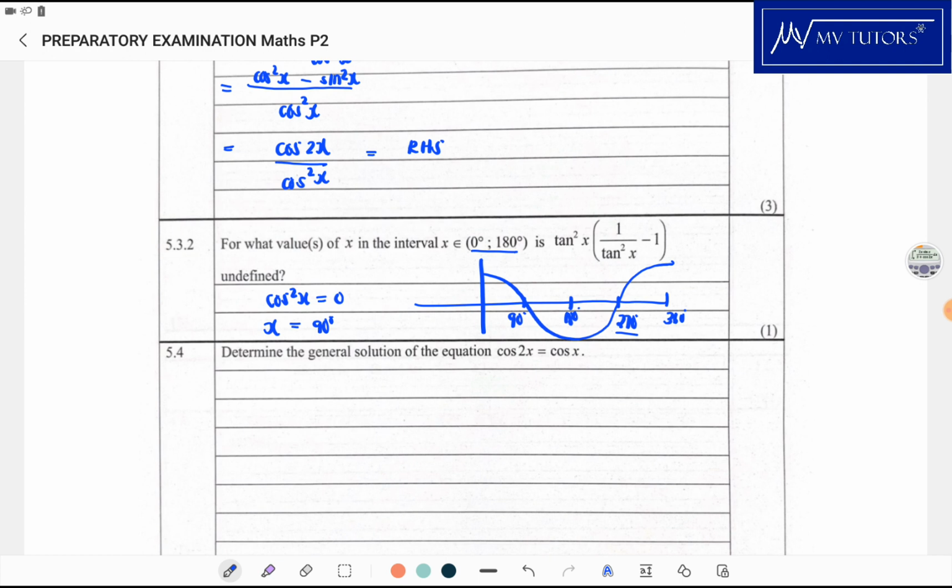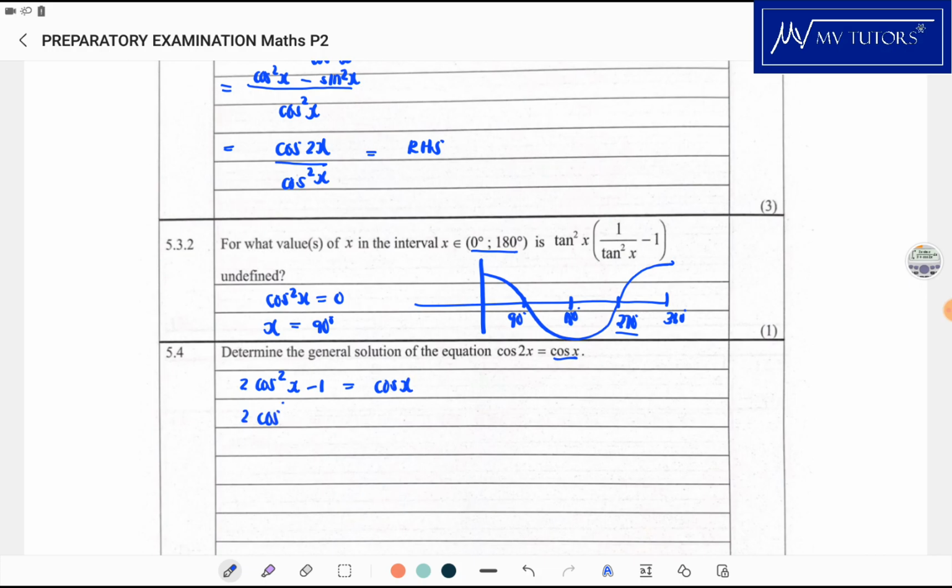And cos 2x, this double angle, has 3 options. But because I have a cos x here, I will start off by using the identity where it only involves cos, okay? And that would be 2 cos squared x minus 1 is equal to cos x. And I'm going to take the cos x to the other side.